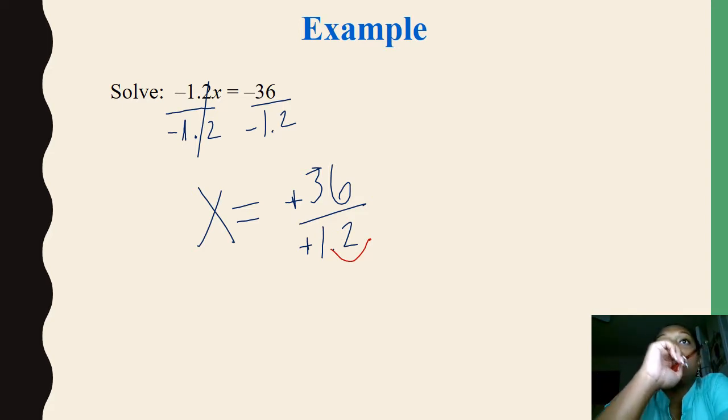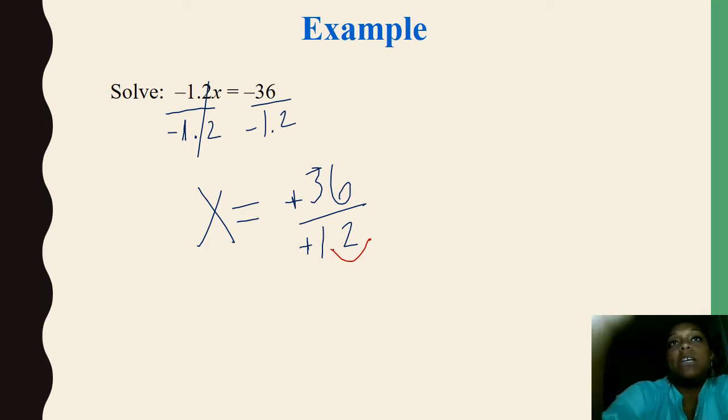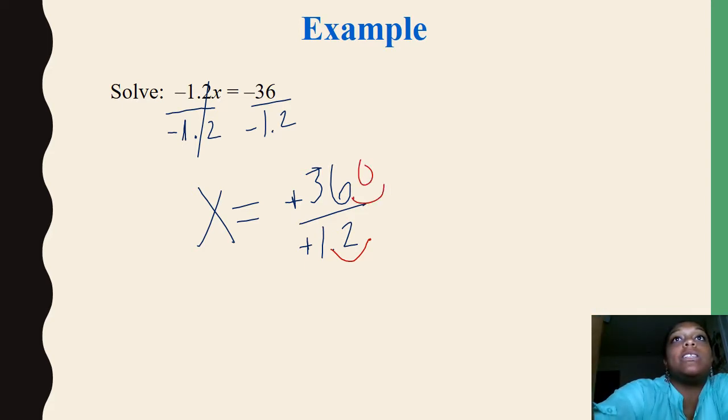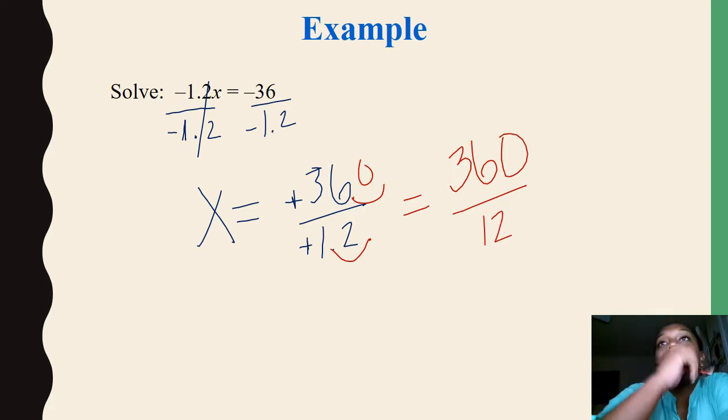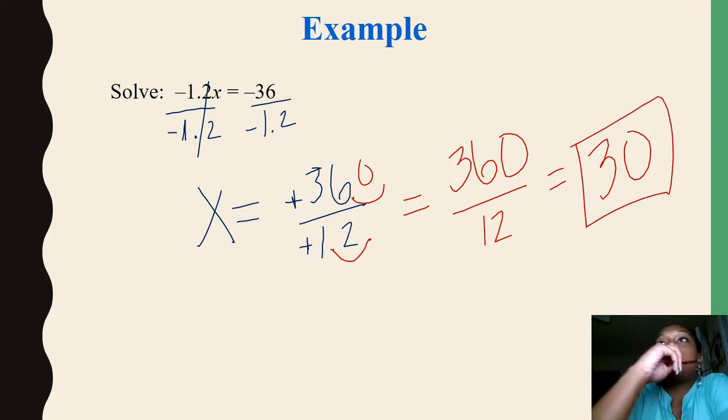But if I move this decimal place one time to the right, I have to move this invisible decimal place, this guy right there, one time to the right also, which now leaves room for a 0. So now the problem is asking, what's 360 divided by 12? And that's going to give me 30. So you can do decimals without stressing about it, okay?